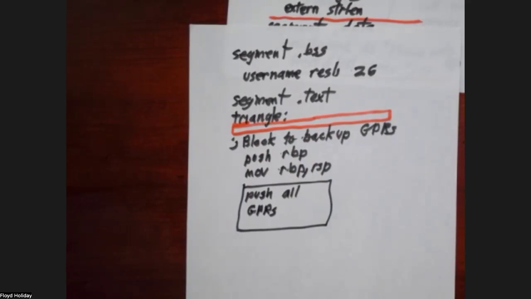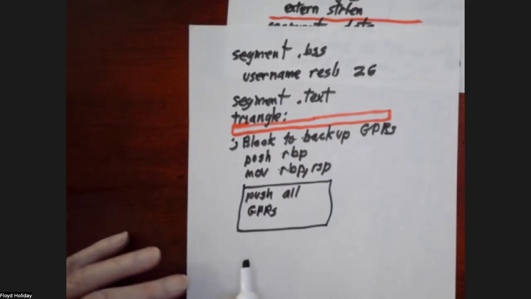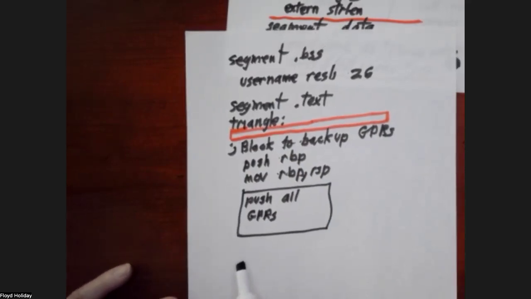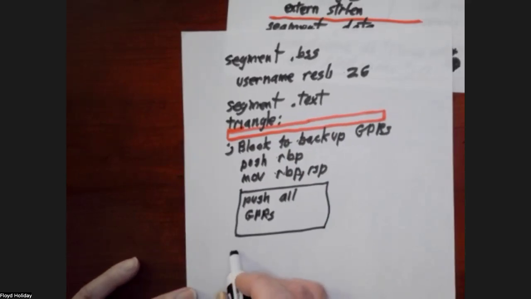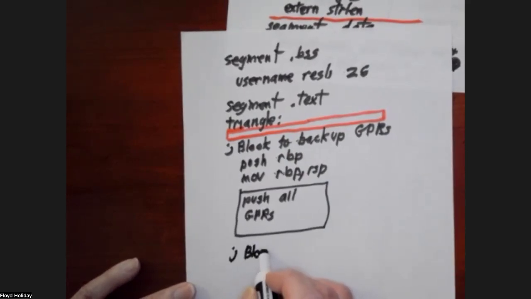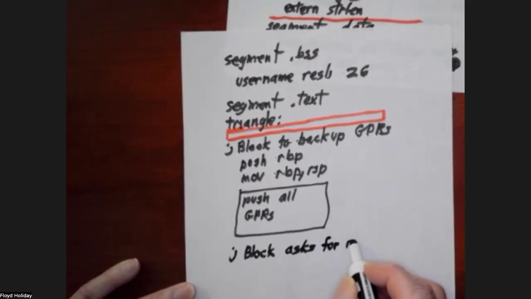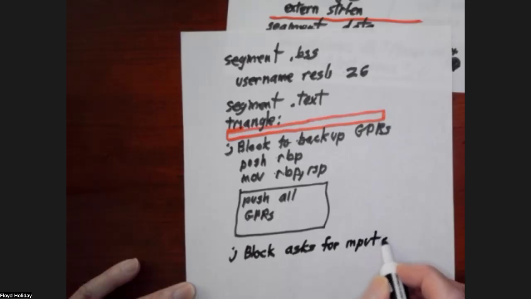Okay, after this preliminary bookkeeping, you look at the dialogue and it says something like welcome message, and please enter your first and last name. So we're going to have blocks here. Block: input of names.